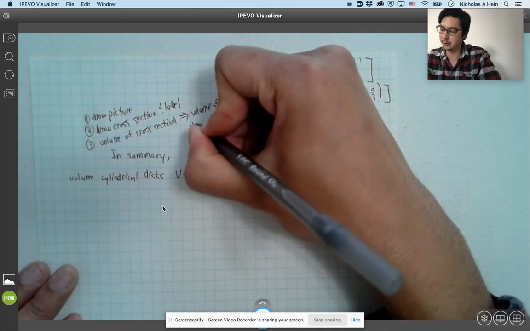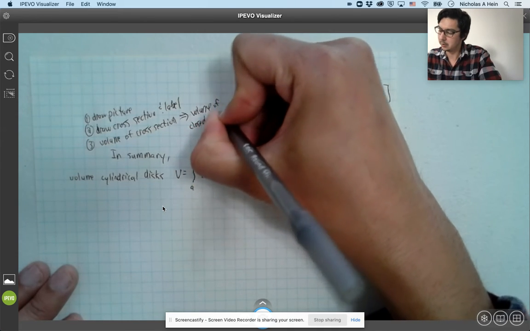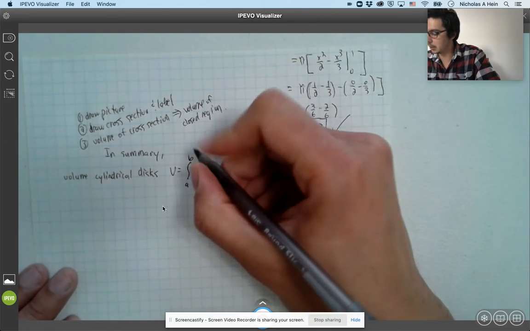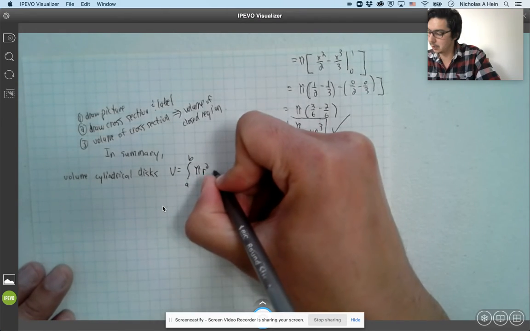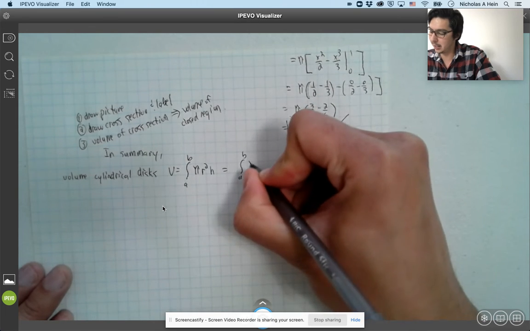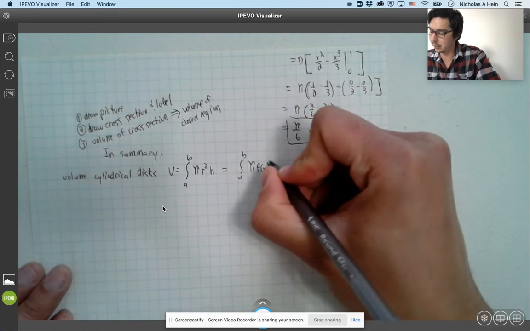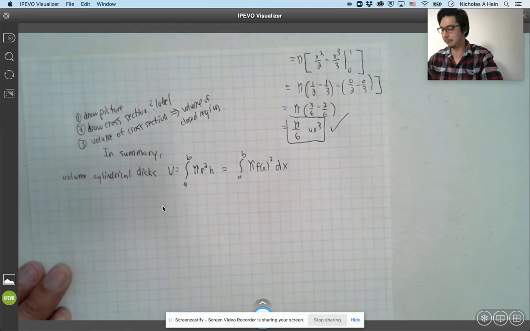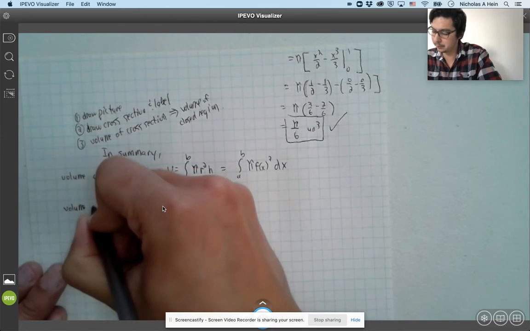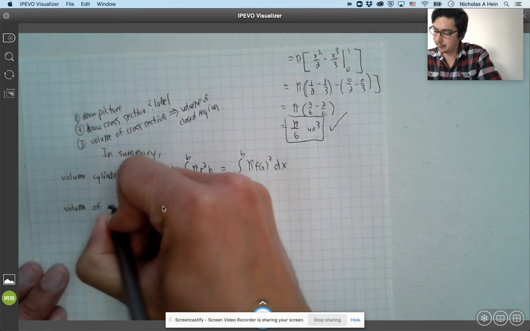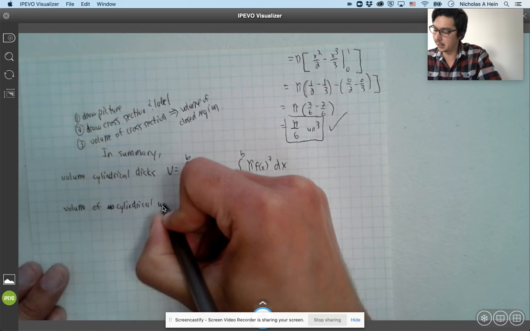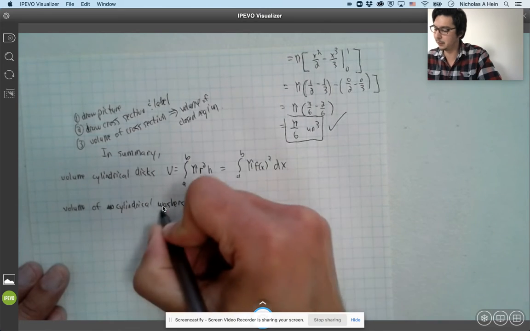The closed region. Now, the volume of a cylindrical disc would be pi times your radius squared. So I'm just going to keep it as r squared h, which does become the integral from a to b of pi, typically your function f of x squared dx. And then how does that relate to the volume of washers? They would actually also be called cylindrical, but people just focus on the shape outside of that.